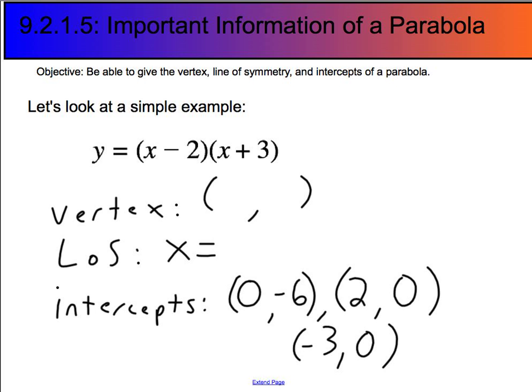The next easiest thing, I think, is to find the line of symmetry. The line of symmetry, kind of by definition, is right in the middle. It's where it's symmetrical on both sides. Since I have two x-intercepts, it's going to be halfway in between those two. Those are where the two x-intercepts are that I just found in the previous step. So I have to figure out what's halfway in between.